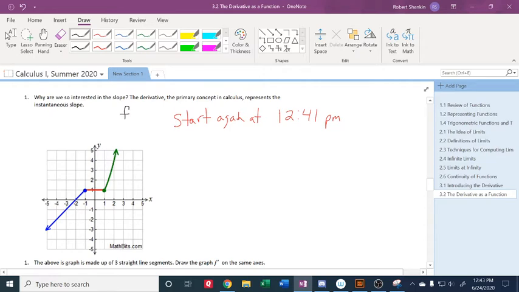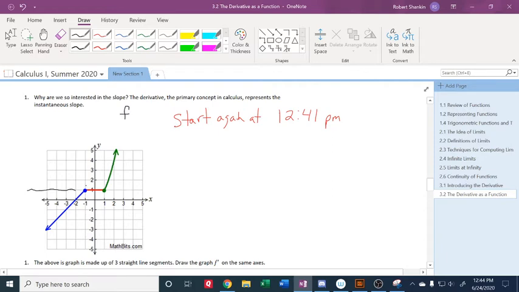That's the slope. So the slope is 1, so the derivative must be 1 for all these same inputs. From negative infinity to negative 1, the derivative must be 1.